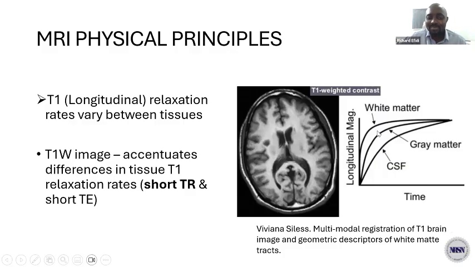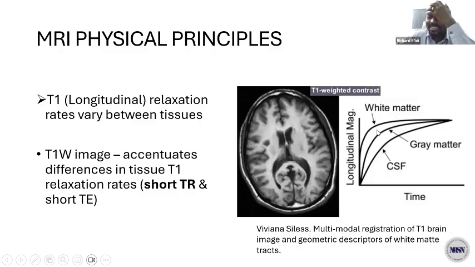So using the parameter called TR, or time to repeat, which is a parameter we use to control T1 contrast, we can actually set the TR time short so as to capture the maximum contrast between this part of the brain. So if, for instance, we set it at this point, we can see that the structure that has the highest signal will be the white matter. That's why the white matter is white or high signal.